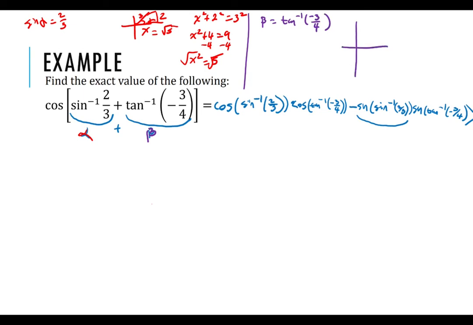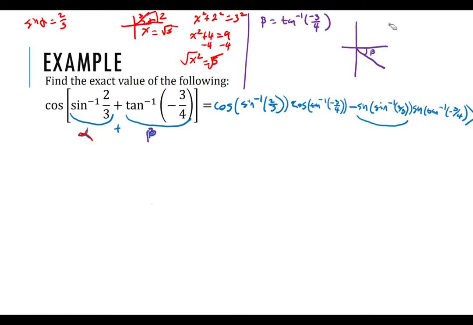Well, this is a little odd, because remember that my range of inverse tangent is between negative pi halves and pi halves, which means that since this is negative, all students take classes, that means that this angle beta has to live down here in quadrant 4. I don't get a choice in the matter. Strictly because of the range restrictions of the inverse tangent function, that's where it lives.